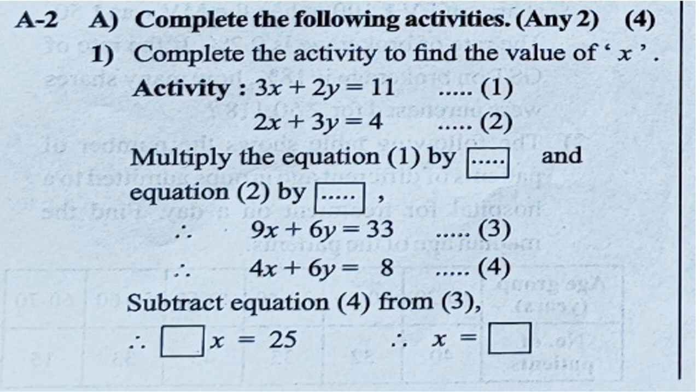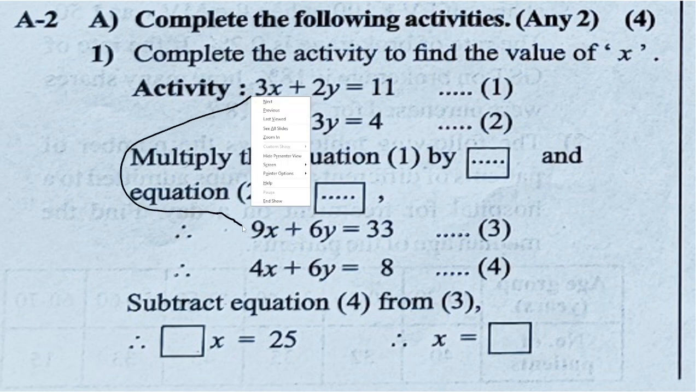Complete the following activities. You need to complete the activity to find the value of x. Here two equations are given. 3x plus 2y is equal to 11 and 2x plus 3y is equal to 4. Multiply the equation 1 by 3: from equation number 1 you are getting this equation number 3, where 3 is converted into 9, 2 is converted into 6, 11 is converted into 33.